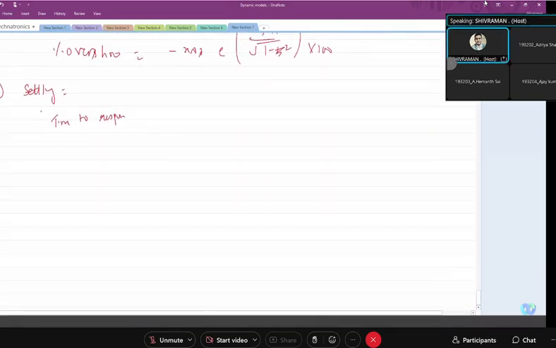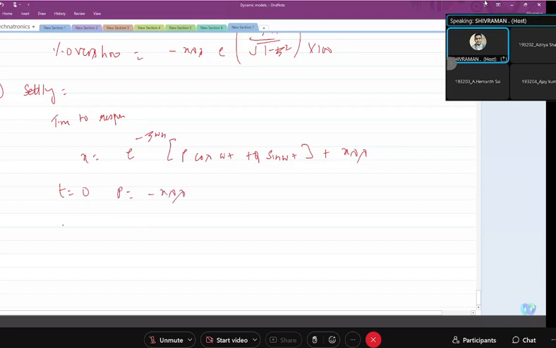So same x is equal to e power minus damping factor omega n t times p cos omega t plus q times sin omega t plus your steady state value. At t is equal to 0, p is coming out to be minus of steady state value. And you are reaching the settling time when your x is equal to 0.02 times of xs. We are considering 2% of steady state value.